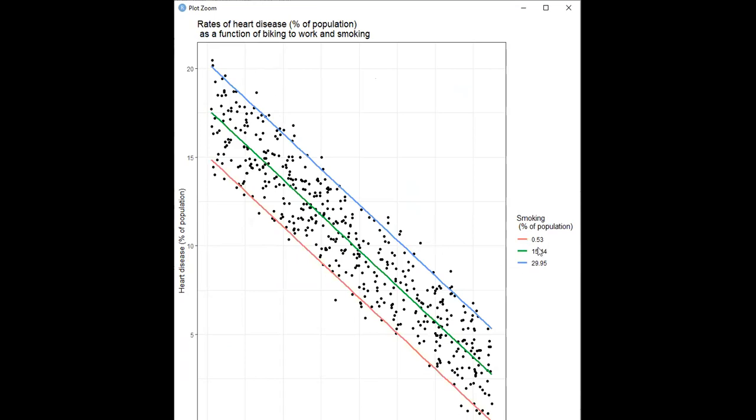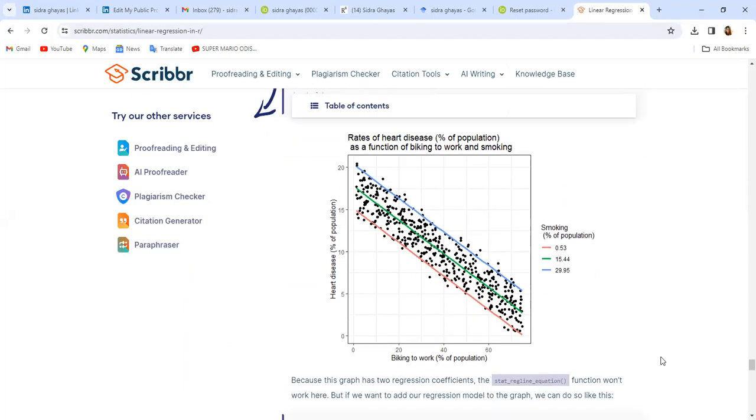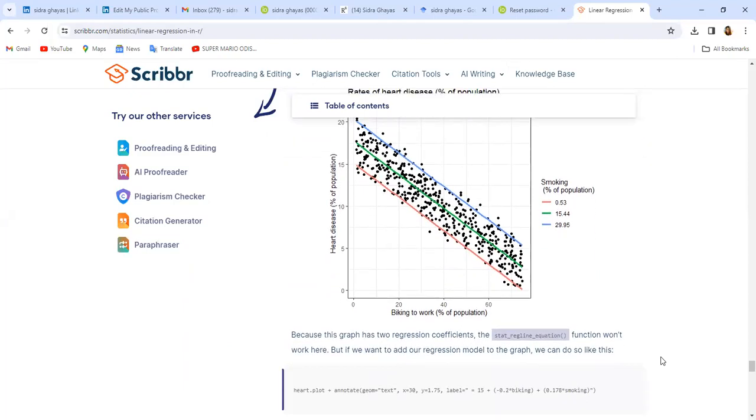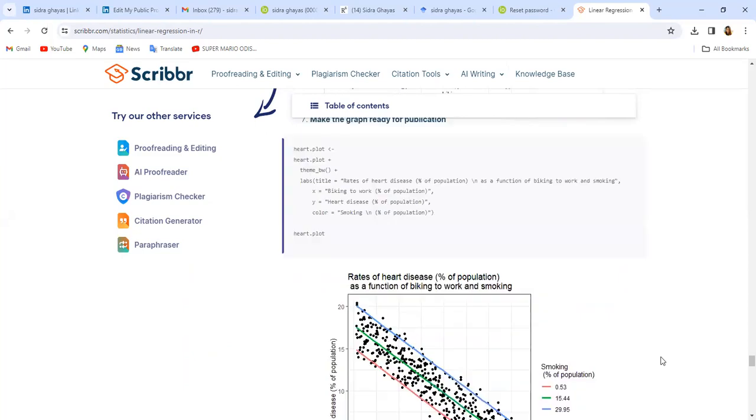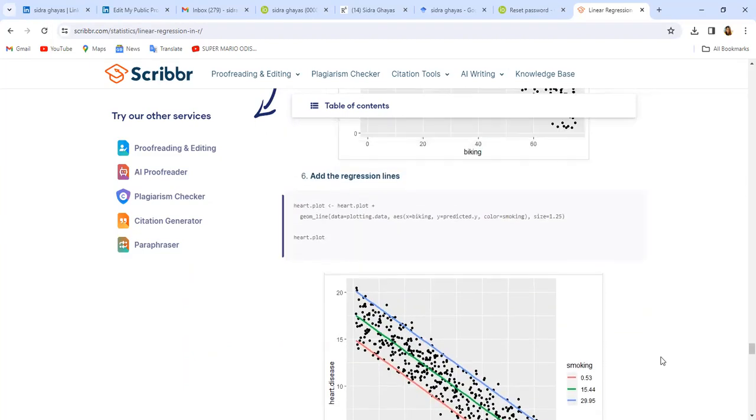These are the three percentages for population. If you want to learn it as a discussion, you can learn from here what this graph shows.